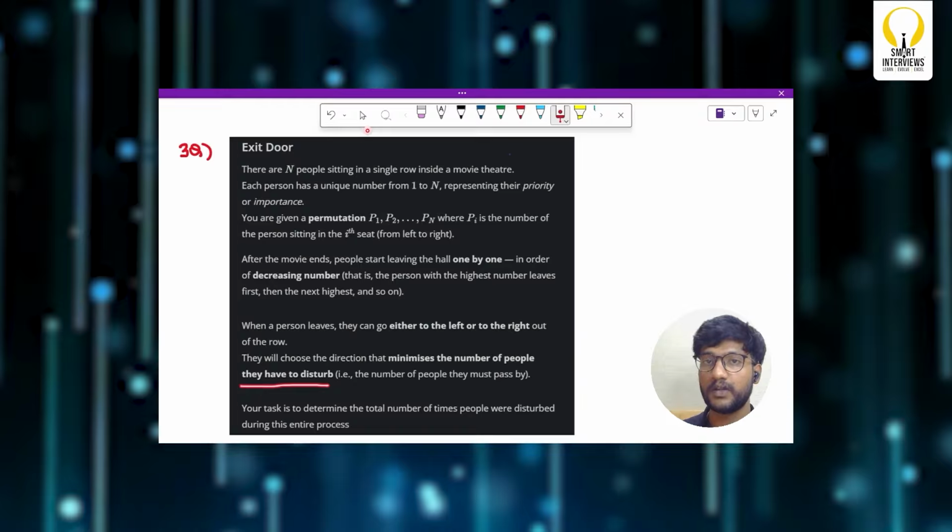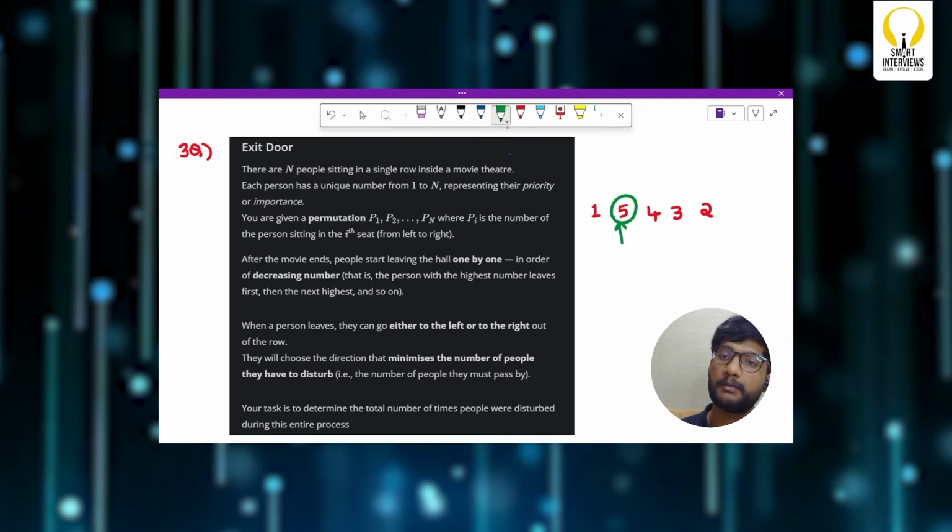Let's take an example. Let's say 1, 5, 4, 3, 2. Obviously, the person with number 5 is going to leave first, right? He can go from left, he can go from right. But if he goes to the right, he needs to disturb three people.